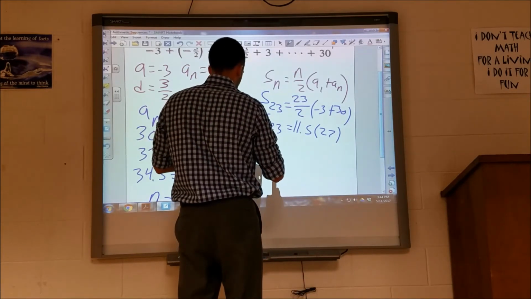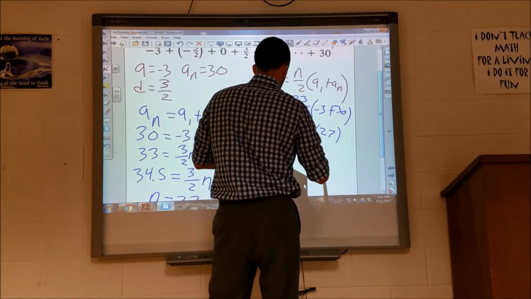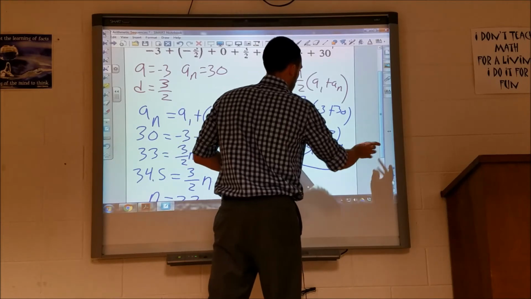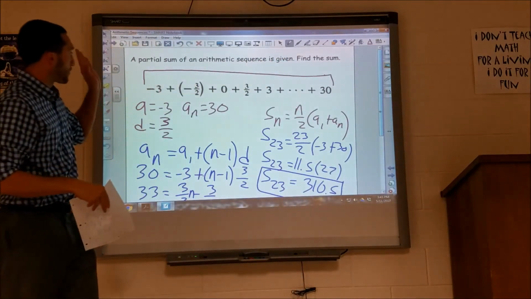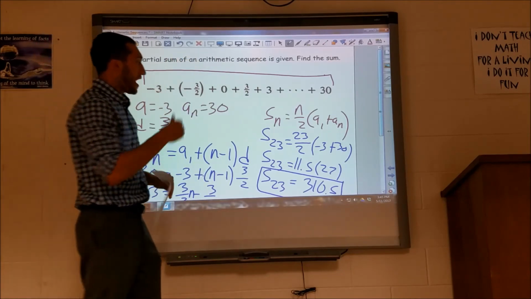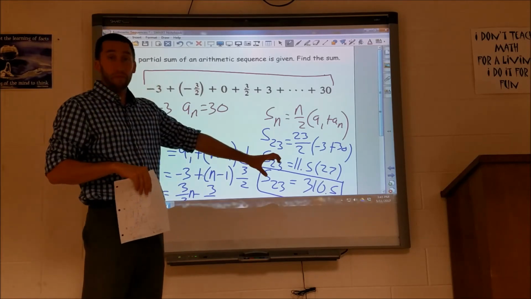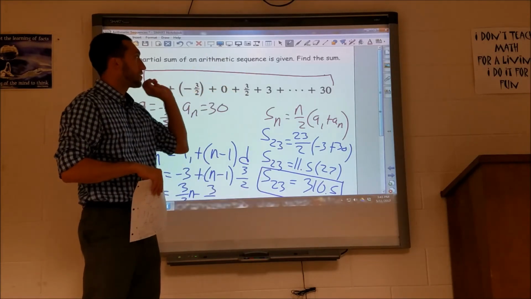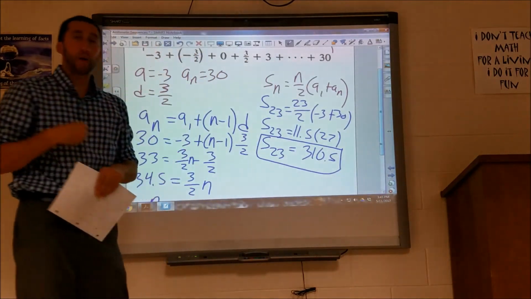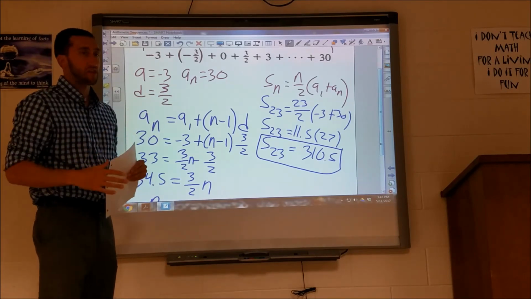And so if I added up all 23 of those terms, if I add up all the numbers from negative 3 to 30, where I'm adding increments of 3/2, I would get 310. So that would take a long time to do by hand, finding all those terms, then adding them up. This is a whole lot easier, we can see, to get that partial sum just by finding how many terms there were and then plugging in our first and last term.